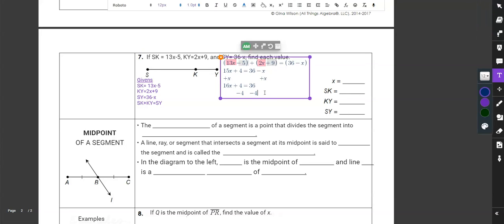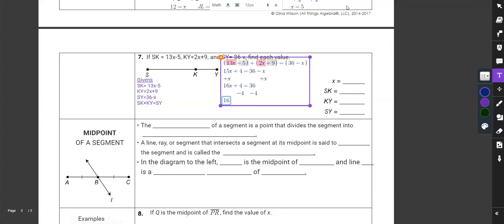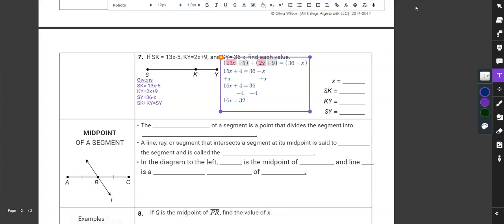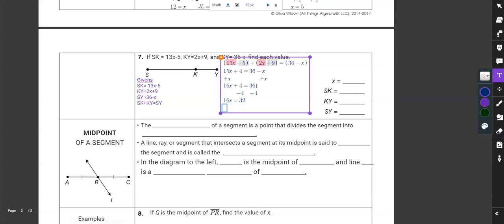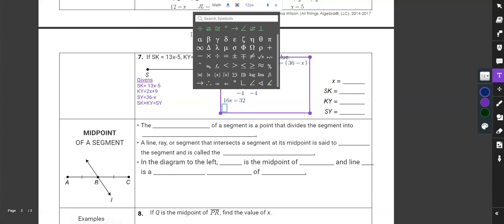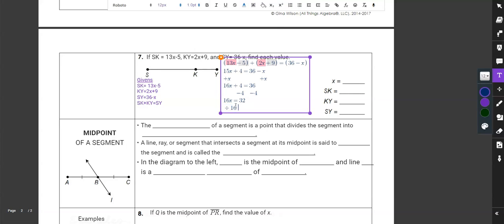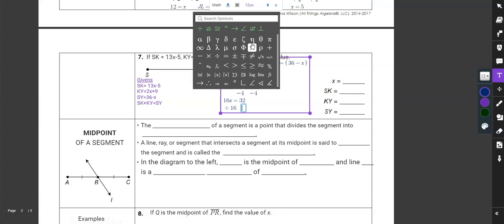All right, so we were subtracting 4 from both sides, which will then give us that 16x is equal to 32. We are going to divide both sides by 16, and most of the time that would be mildly annoying because 16 is a fairly large number for dividing by, but since it's a multiple of 16, it's not really a big deal.